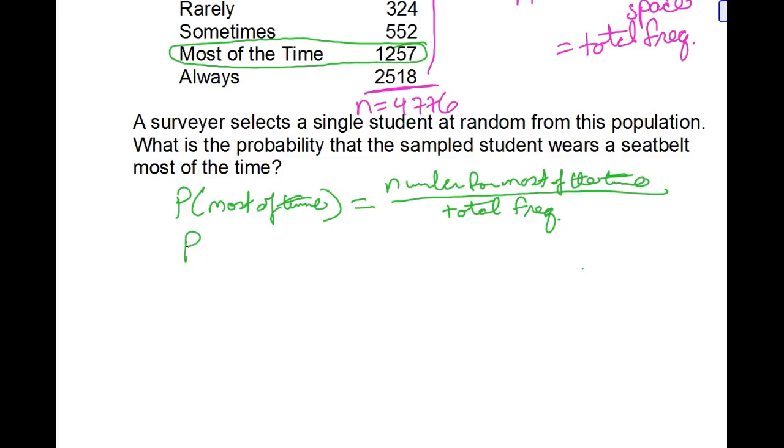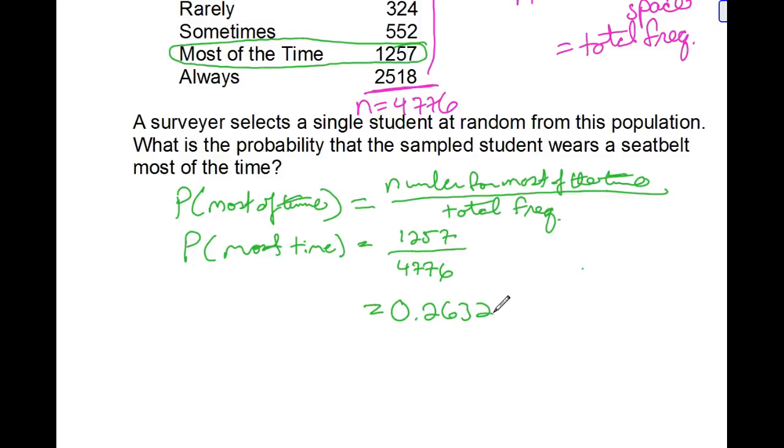So the probability of most of the time is 1,257 divided by 4,776. We divide that out and we get 0.2632. So the probability that a randomly selected student wears a seatbelt most of the time is 0.2632.